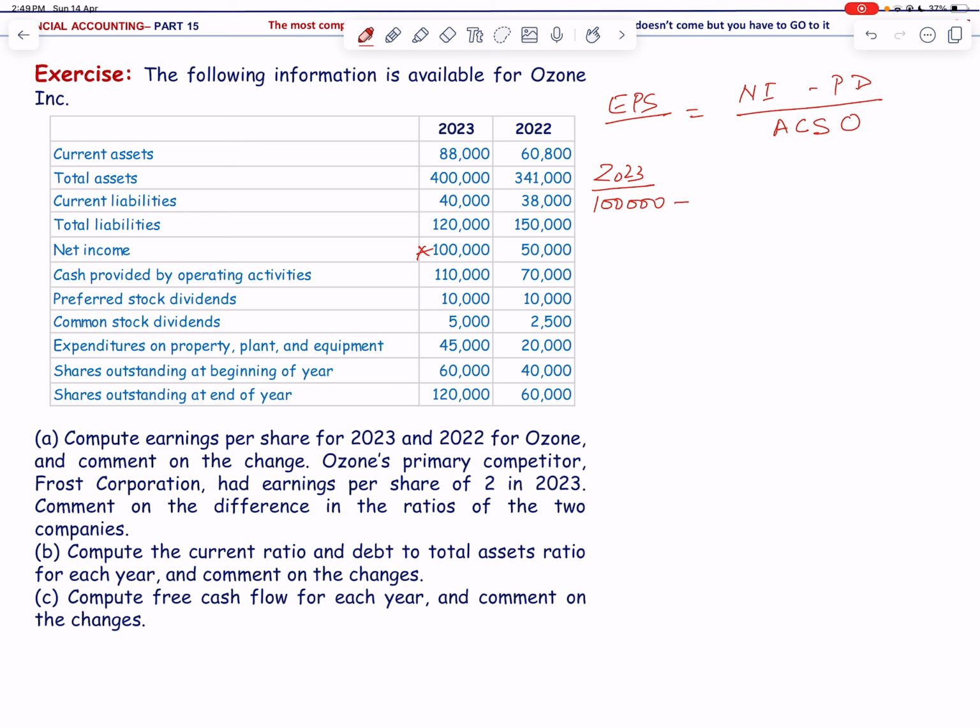From this we will subtract the preferred dividend of 10,000, and we will divide this by the average stock outstanding, beginning and ending, that is 120,000 plus 60,000 divided by 2, and this is equal to how much? This will be equal to 1.00.